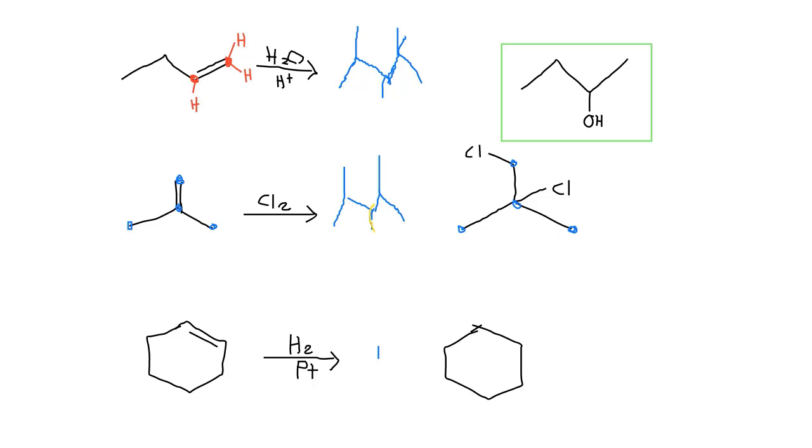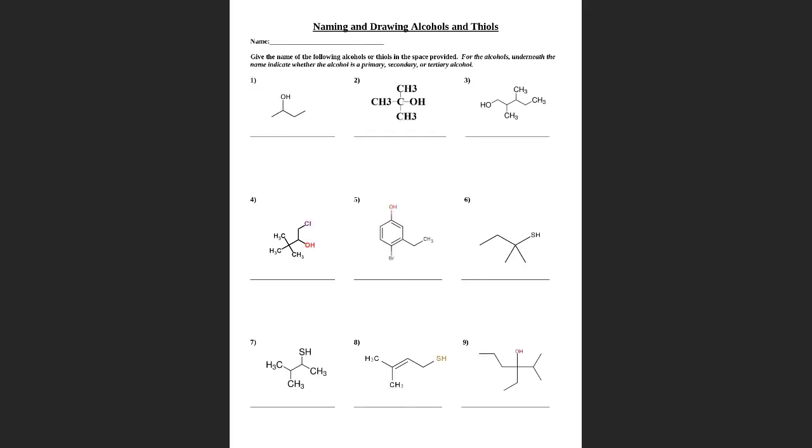I'm actually going to open up, share a file with you, naming and drawing alcohols. Now, this is a cool one because it actually has several different representations, some skeletal structures and some other types of structures, condensed structural formulas, etc. So, first of all, I want to go through naming the alcohols, and then we're going to figure out whether or not an alcohol is primary, secondary, or tertiary.